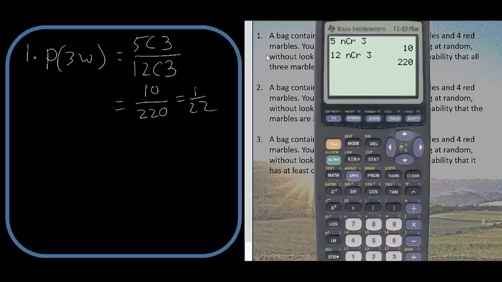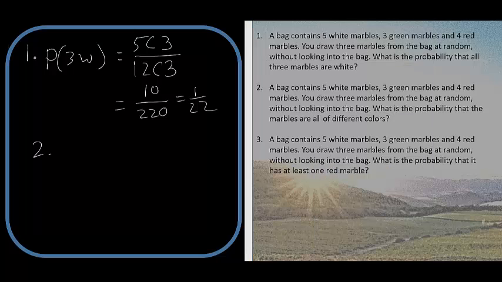Now we take number 2. Number 2 is telling us that we need to get all 3 different colors. All 3 different colors means 1 white, 1 green and 1 red.